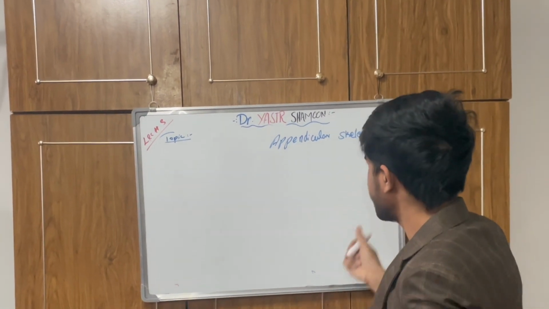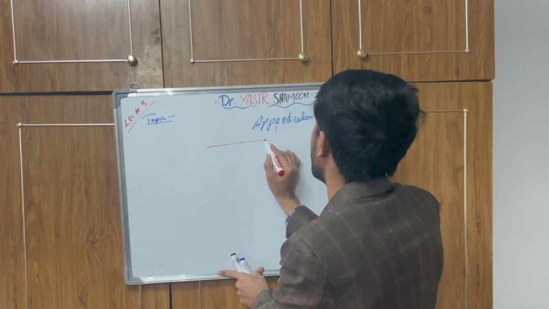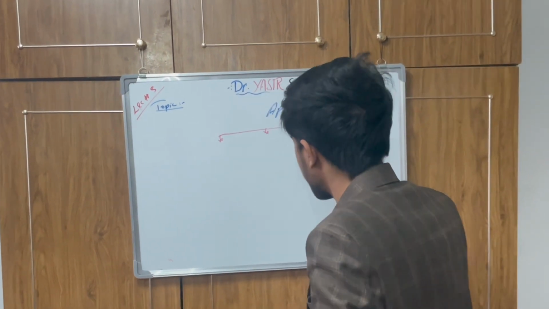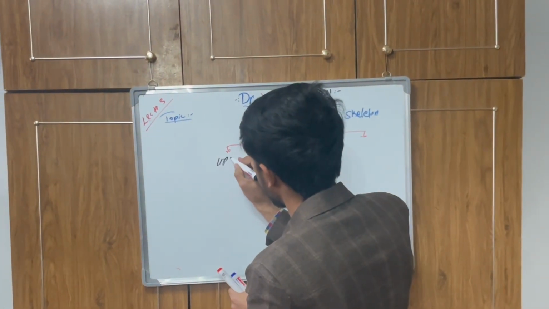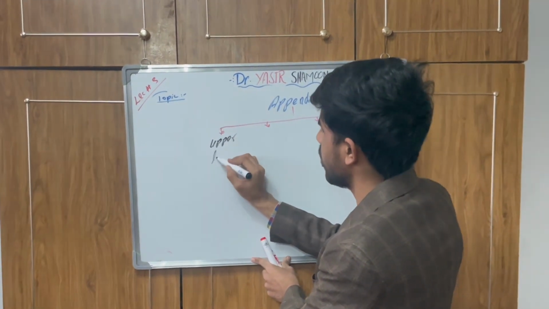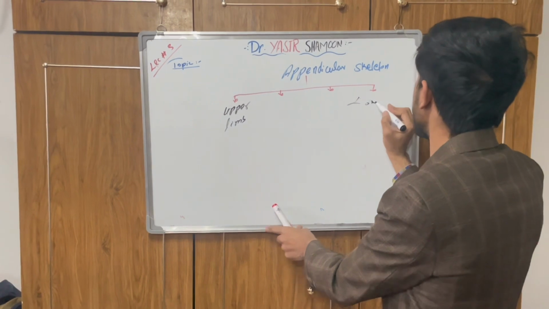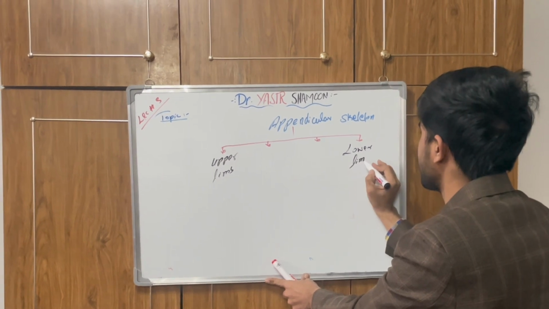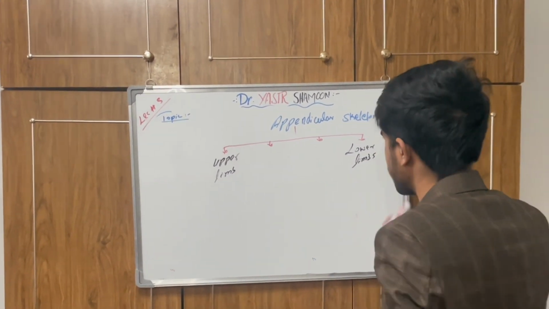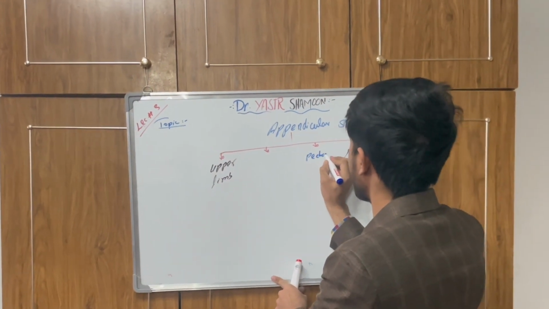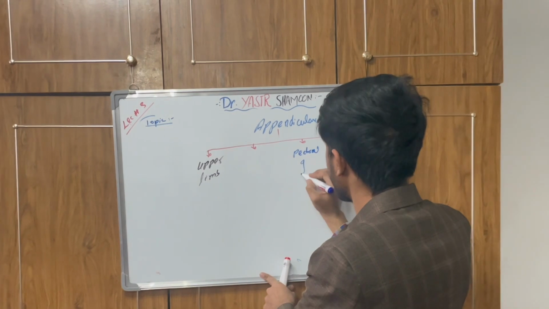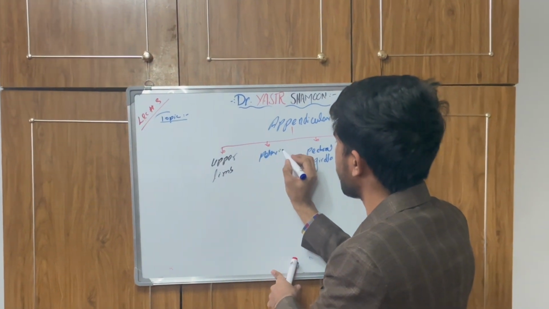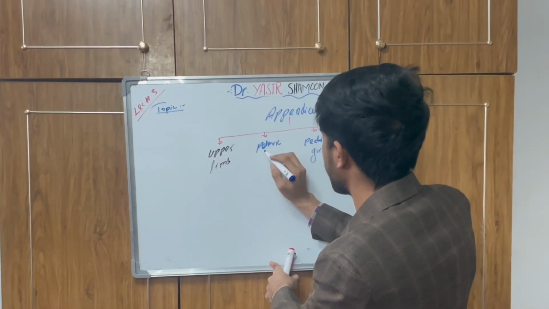The 4 parts, as I told you, are: upper limbs, lower limbs, pectoral girdle, and pelvic girdle.